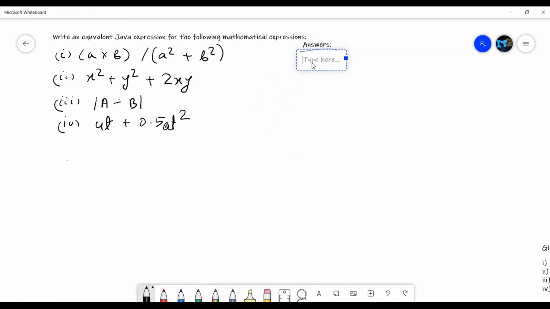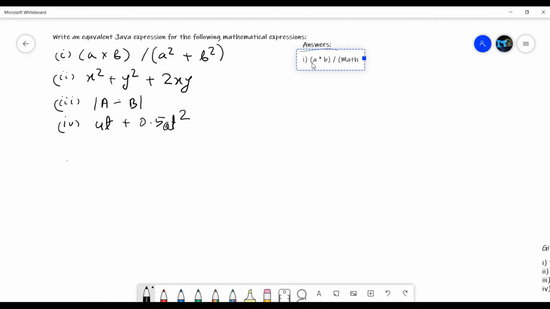First, this is the answer. For a cross b, meaning a multiplied by b, you write a multiplied by b, and it is divided by a square. So you have to use the Math function.